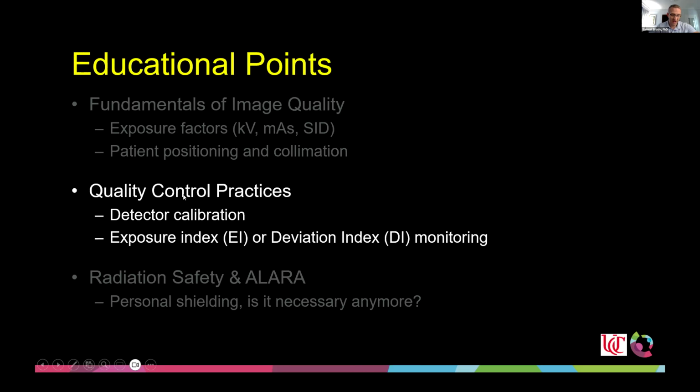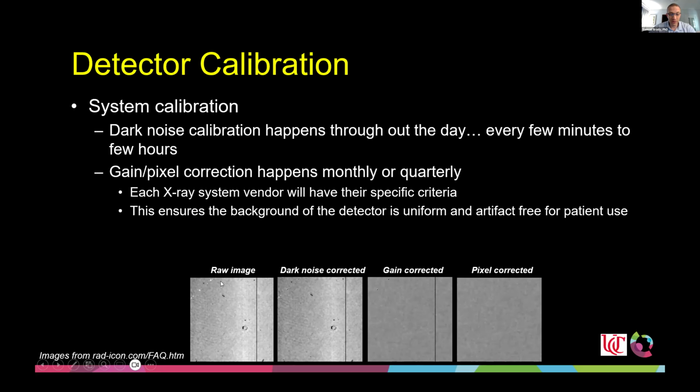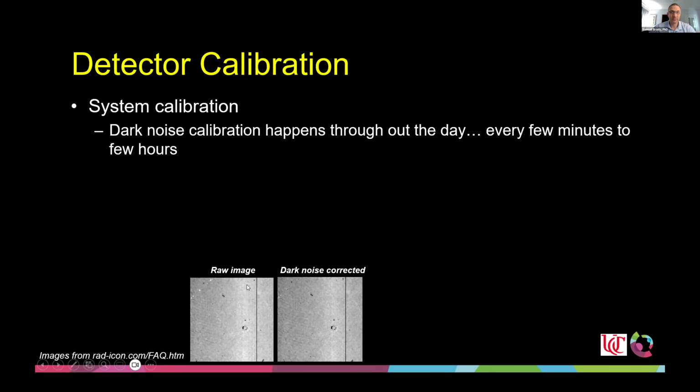Moving on to the next section, which is quality control, based on a couple of other things we can do that don't necessarily relate to patient setup. The first is keeping our equipment properly calibrated. These digital detectors, mostly the DR systems, require calibration every day and periodically throughout the month or quarter. If you were to take an image with no patient on the table, there are going to be blemishes, areas where the pixels are just dead.